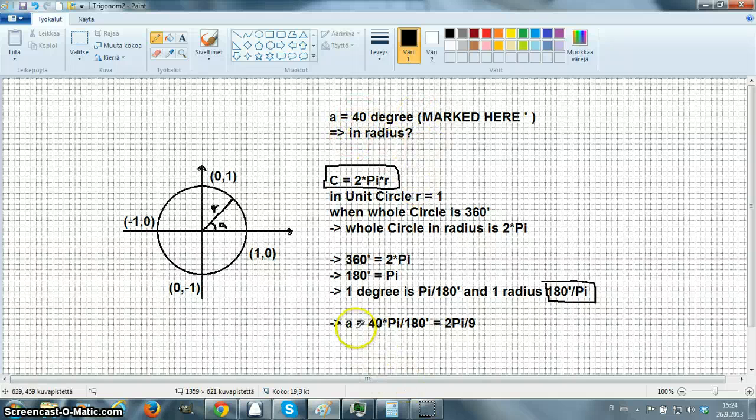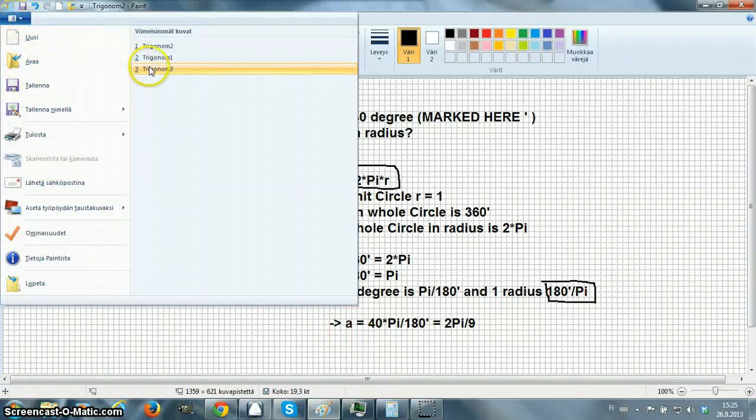So in radians, by this formula, it is 40π divided by 180, so 2π divided by 9. So that is the radian for A. Okay, let's go to another.